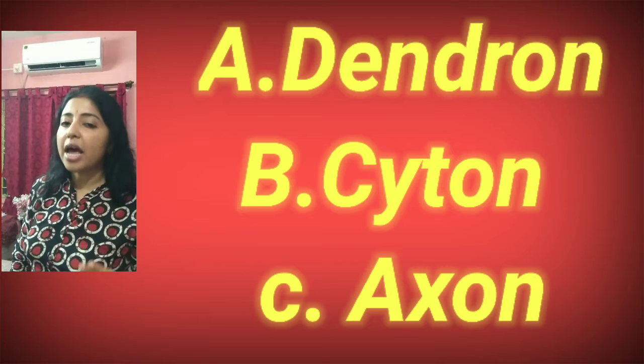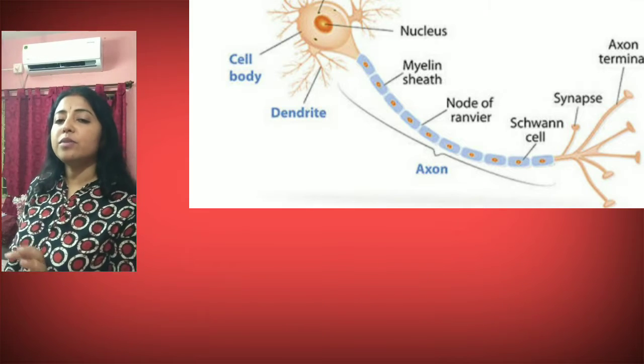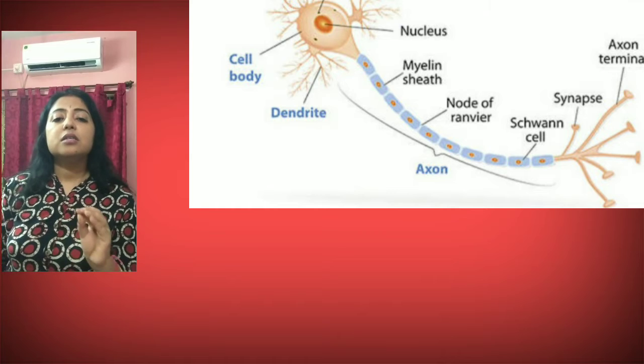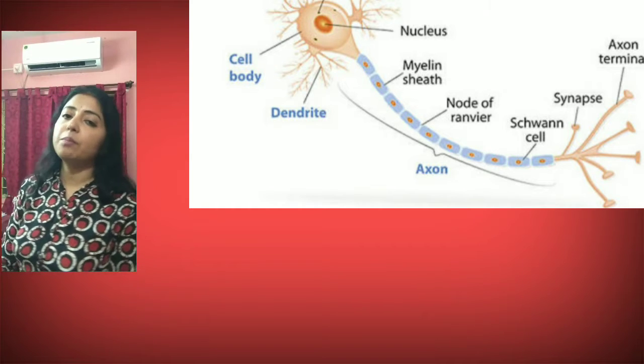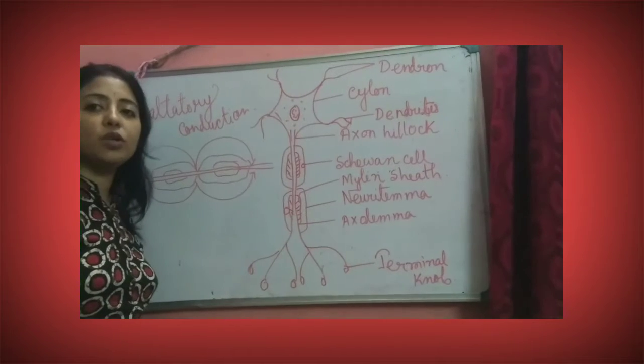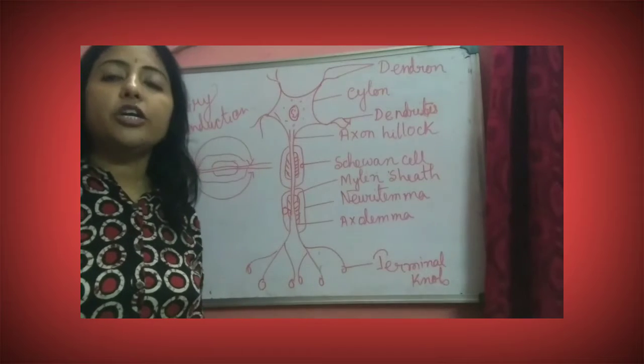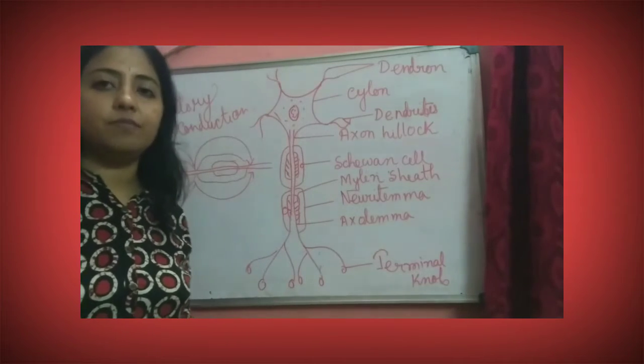Dendron, cyton, next one is axon and axon terminals, and some small button-like structures are present. These are known as terminal knobs. This is the picture of one neuron. It is also known as structural and functional unit of nervous system.